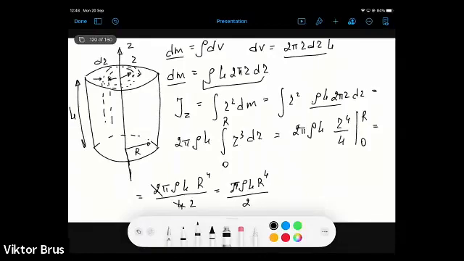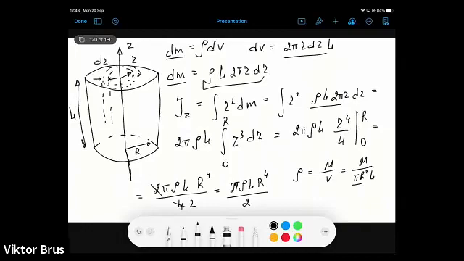We can also express rho, the density. Rho is equal to the total mass of the cylinder divided by its volume. So it will be the total mass divided by pi R squared times L. This is the area of the base of the cylinder times its height.